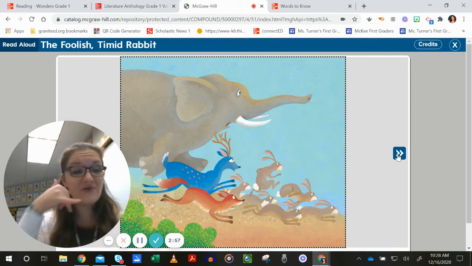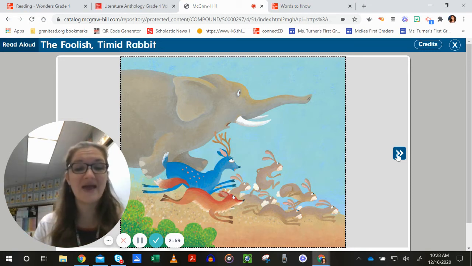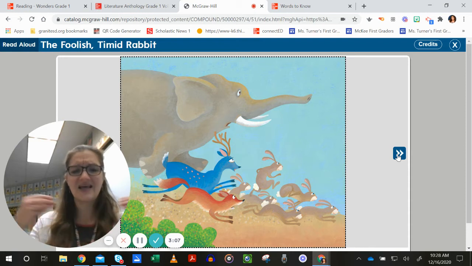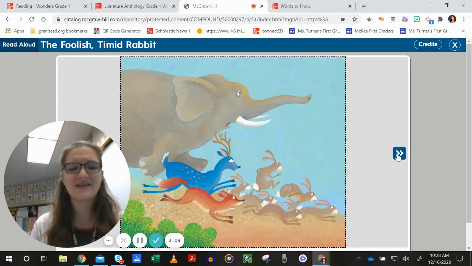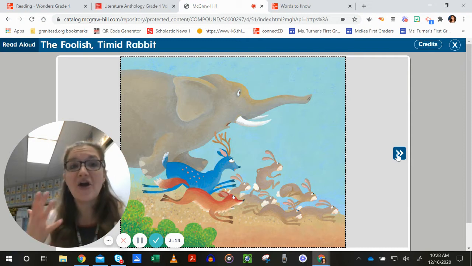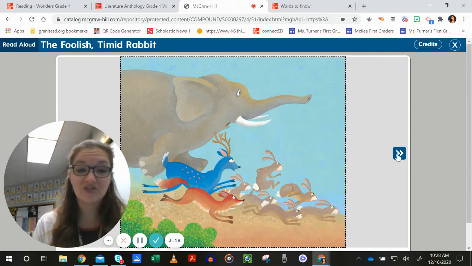As the foolish, timid rabbit ran, he met other rabbits. He shouted, "Run! The earth is breaking up!" "Do not tell us a tale," said the other rabbits. "It is not a tale," shouted the little rabbit. "I heard it happen myself." The others decided it must be true.